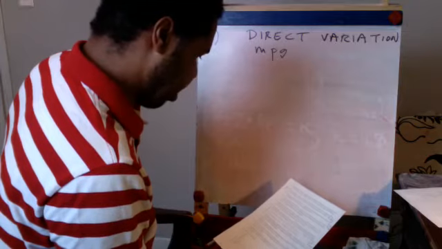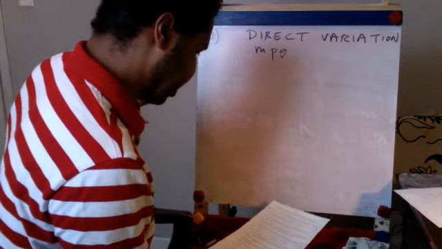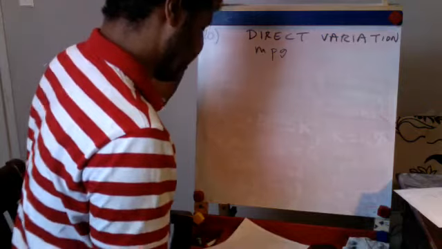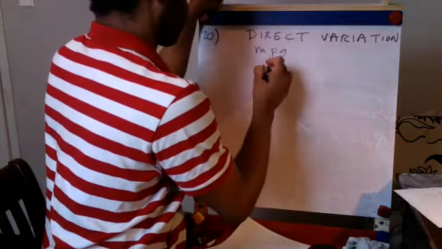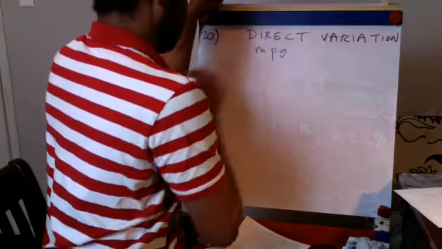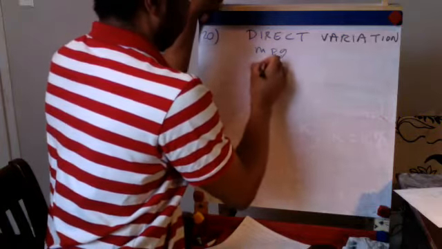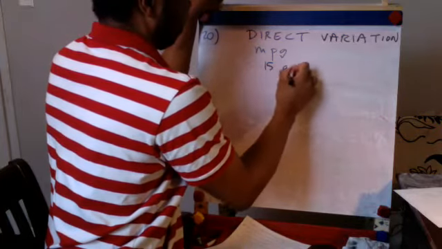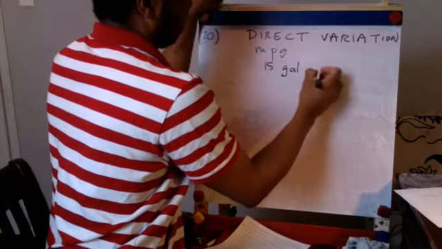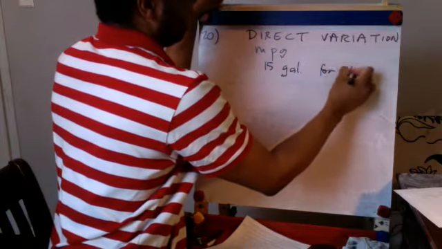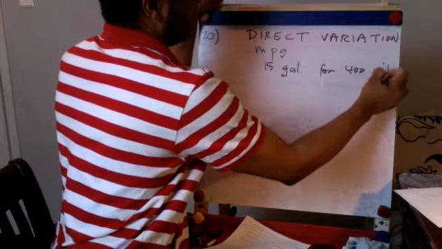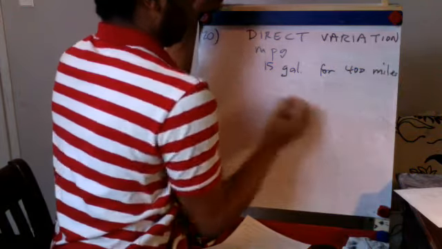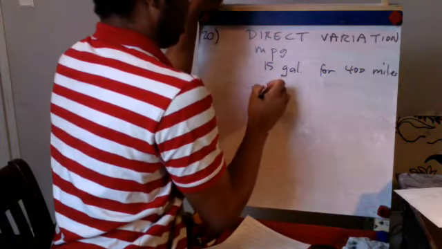So a car uses 15 gallons of gasoline for traveling 400 miles. All right, so we have 15 gallons of gasoline for 400 miles.